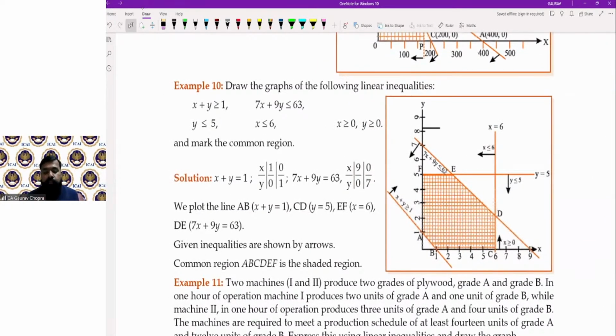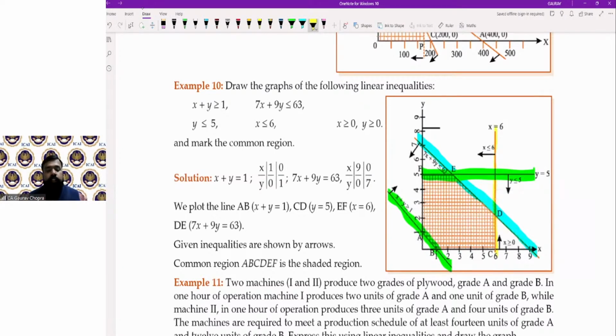So x plus y greater than equal to 1. So this is the first line. Then comes the second line. Then y is less than equal to 5. So this one is less than equal to 5. And x less than equal to 6. So this will be less than equal to 6.